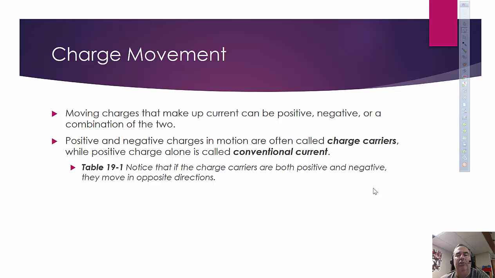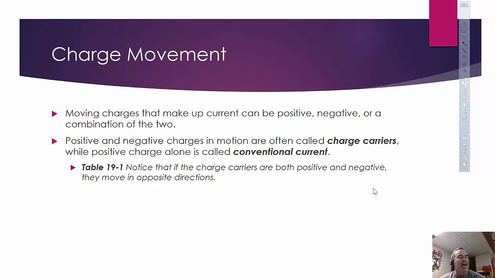Positive and negative charges, so if it's made up of both of them, positive and negative charges are going to be considered charge carriers. Now, conventional current, that's going to be positive charge alone. But the thing that I want you to know, because positive charges and negative charges are opposite in charge, if they are going to be talking about current or being these charges and these charge carriers, what you're going to find out is they are going to always move in opposite directions.